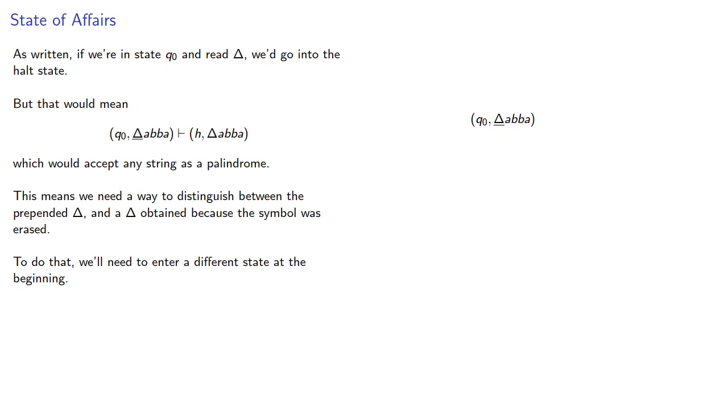To do that, we'll need to enter a different state at the beginning. So we'll read that initial blank, move, and change to state Q1, then delete first and last, and now we're in Q1 reading a blank, and that'll take us into the halt state.